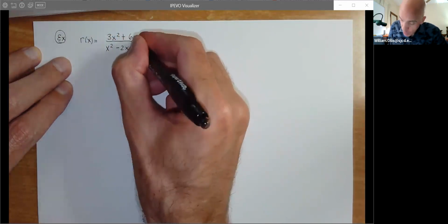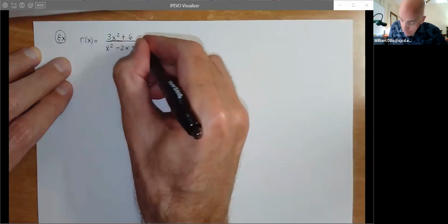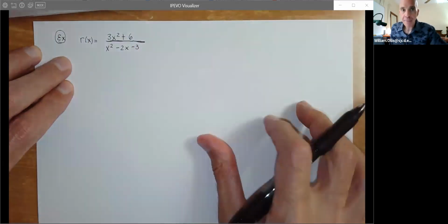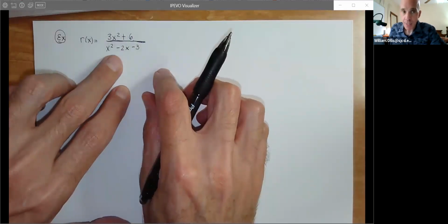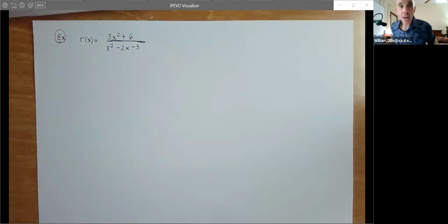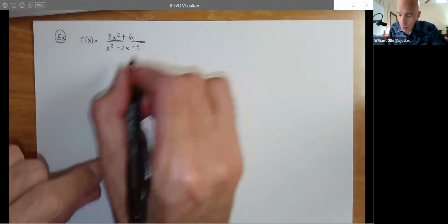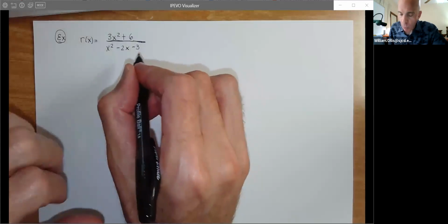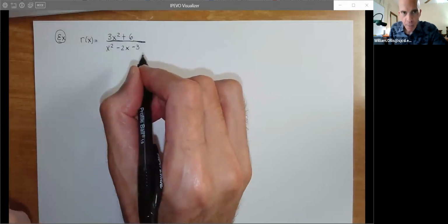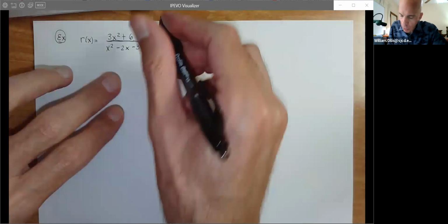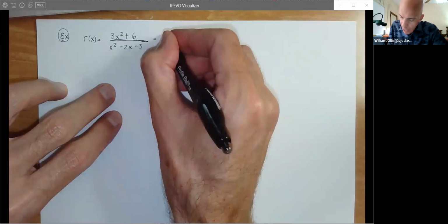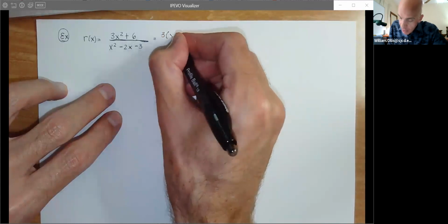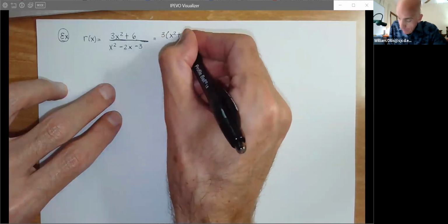So when we look at this particular function, we have R of x equals 3x squared plus 6 divided by x squared minus 2x minus 3. And when we look at this, we're thinking, okay, well, we got the same degrees, but before we do a little bit with that, let's go ahead and factor, because we have some obvious factoring. 3 times x squared plus 2.